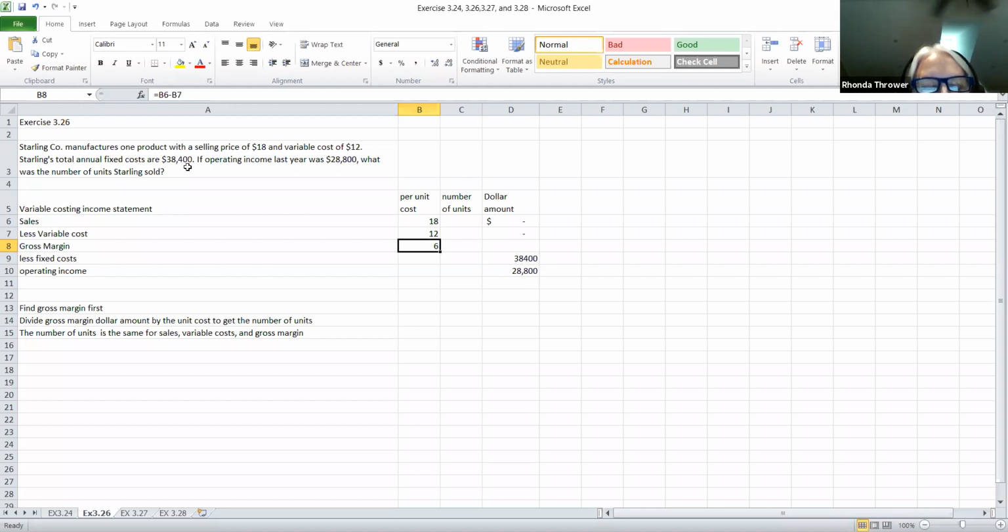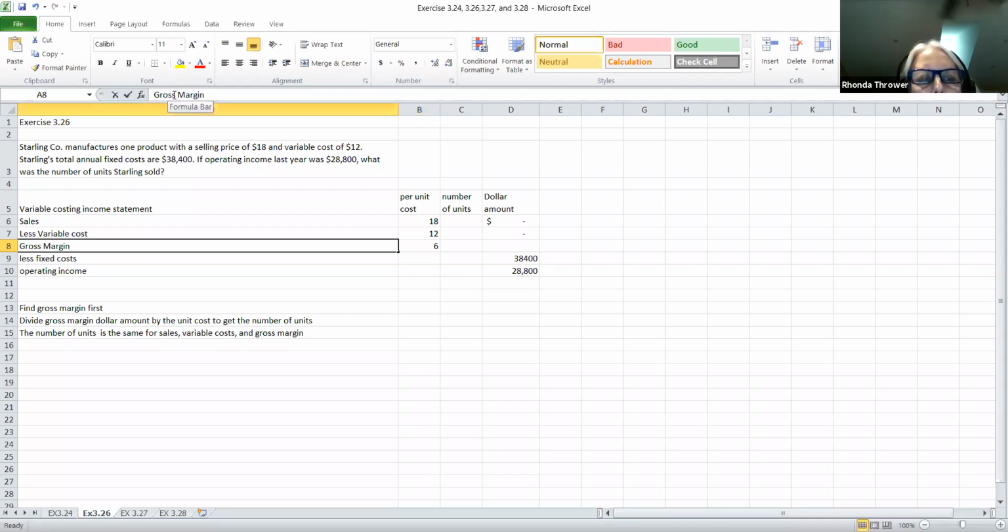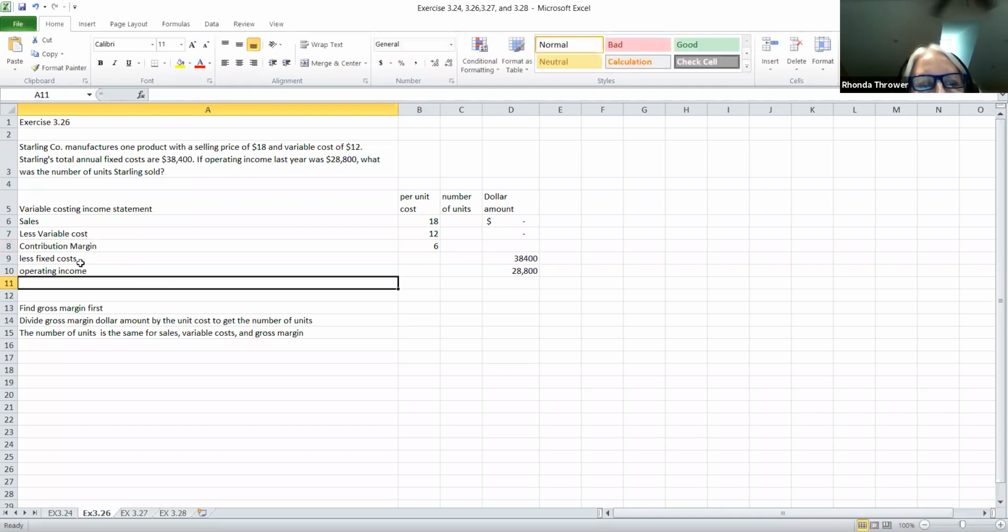That was given. Our operating income was $28,800. That was given. So if you understand that sales minus variable costs gives you the gross margin, and sometimes we don't call that gross margin there, but we call it the contribution margin. You might remember it as that from ACC 121. So that's the contribution margin. Then we're going to subtract out our fixed cost, and that will give us operating income.